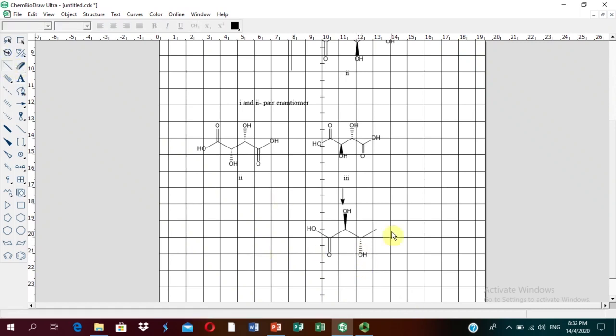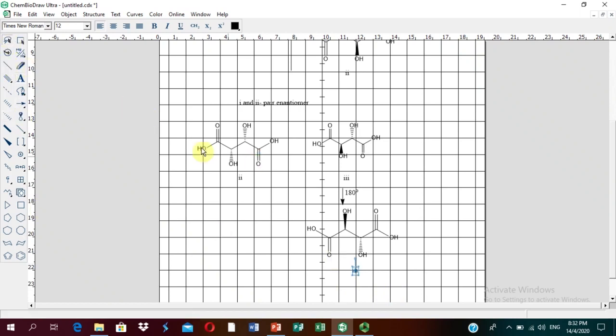Then this one is carboxylic acid, COOH, resulting after you turn 180 degrees. Okay, class. So this structure number 3 is the same structure number 3.